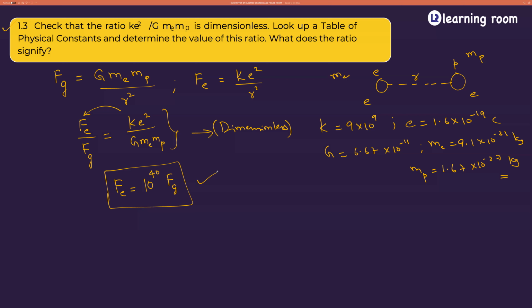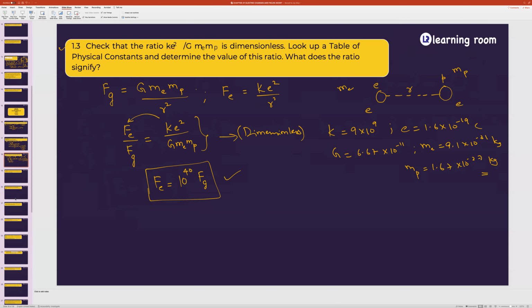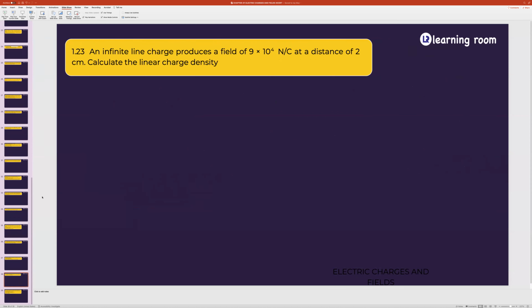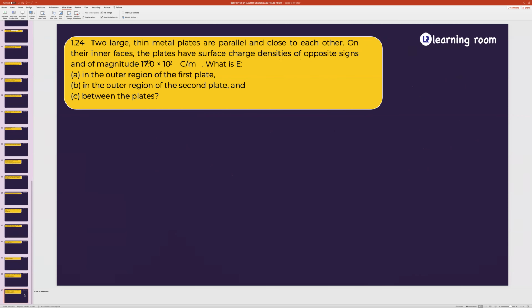Okay. Done copying? Yeah. Check if you're able to see that question. I don't think it will be there, because for CBSE, you need not do the additional problems.